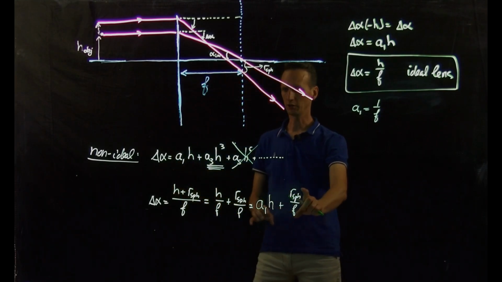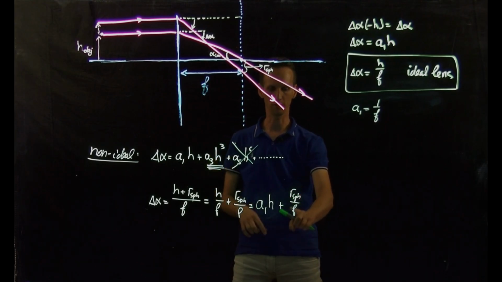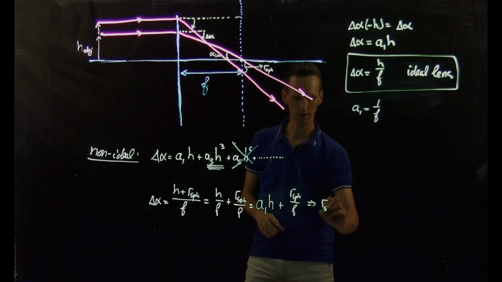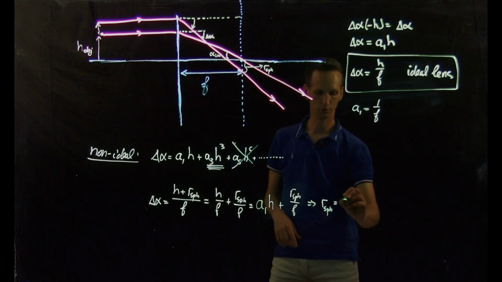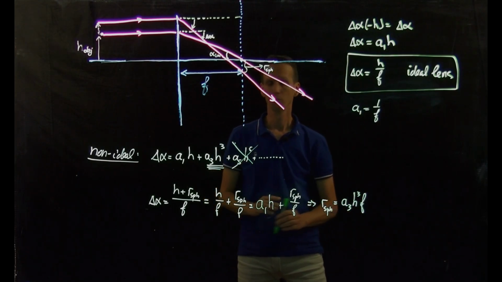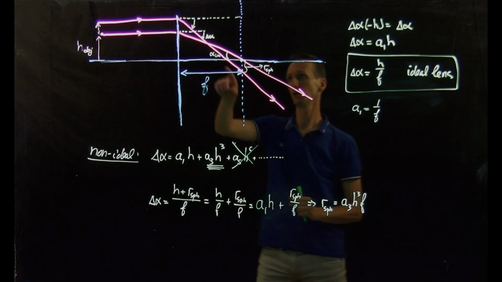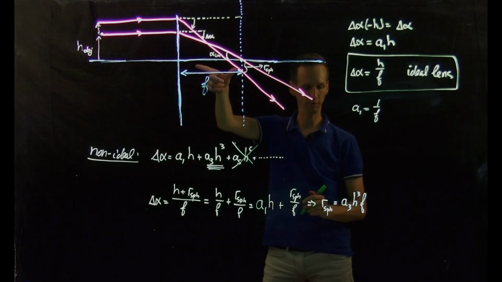Now we also see that the second term, a3 h to the power 3, should be equivalent to r spherical over f. So from this we can see that r spherical is equal to our factor a3 times h to the power 3 times the focal distance f. We can also write this in an expression including the opening angle of the beam. So we see here that the opening angle of the beam alpha is given by h over f.